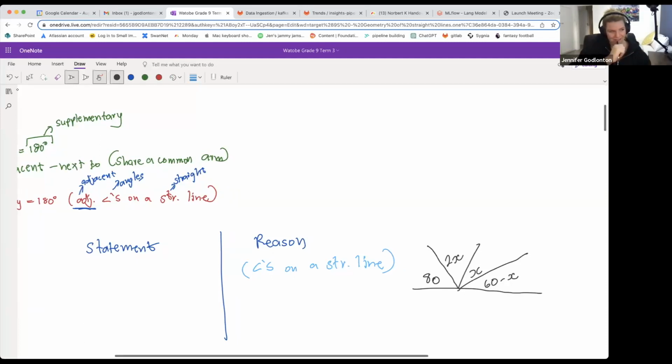Let's see if we can figure this one out. No, don't let it traumatize you. We should be proud because we saw it and we were like, hey, this is a problem. That makes us even smarter.